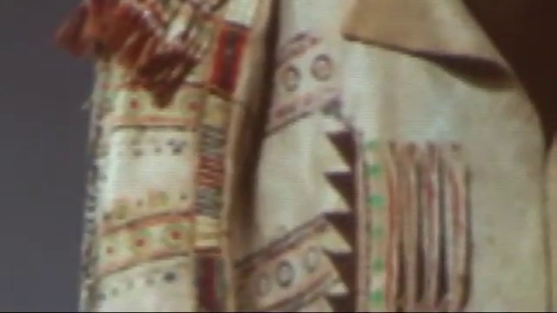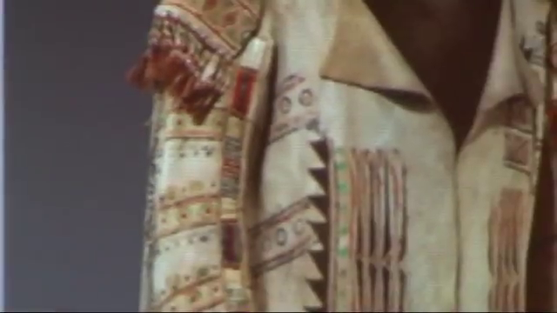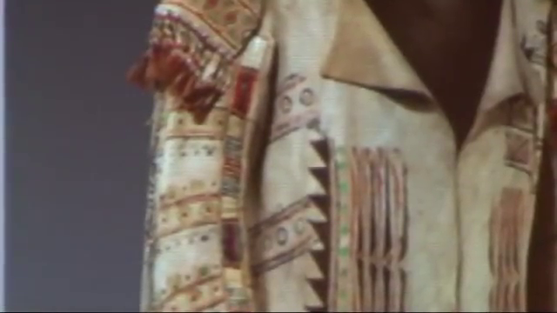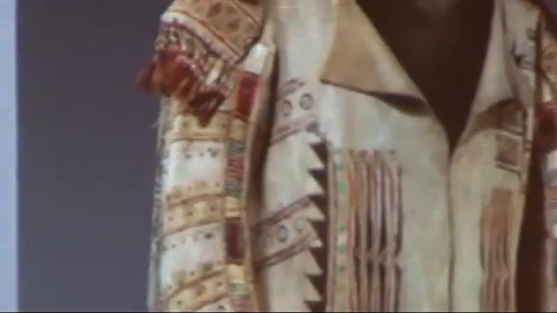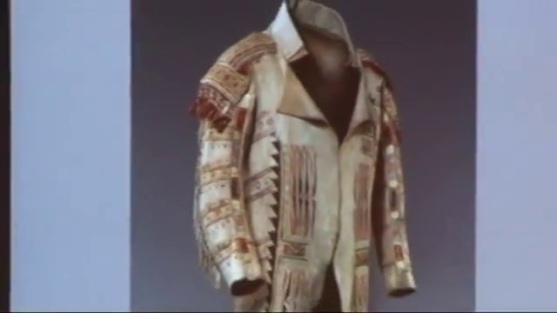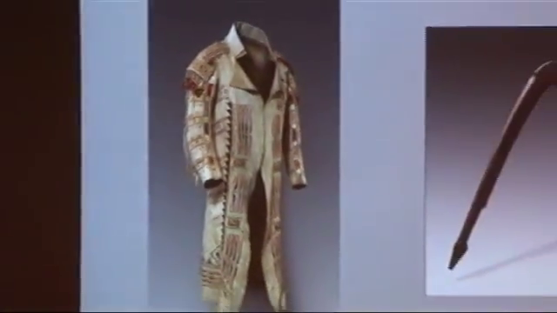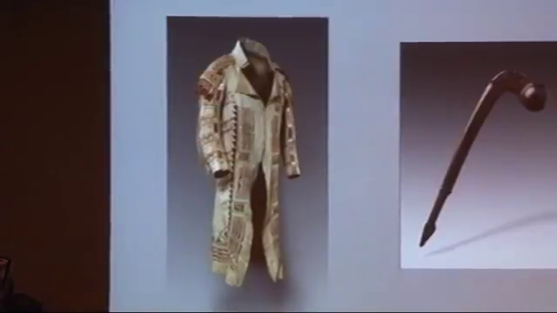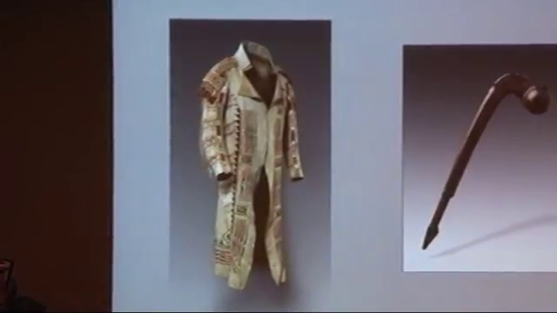So the garment really mixes the artistic traditions of those two peoples, the Eastern Plains and the Western Woodlands. And then, of course, the thing is cut like a military coat from the 1700s. These coats were known as captain's coats.